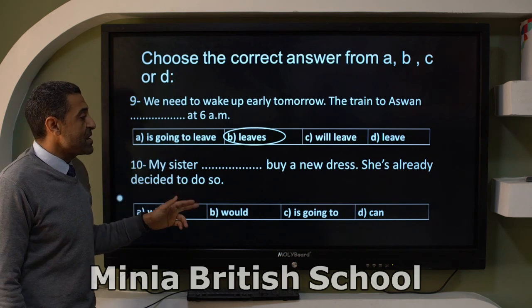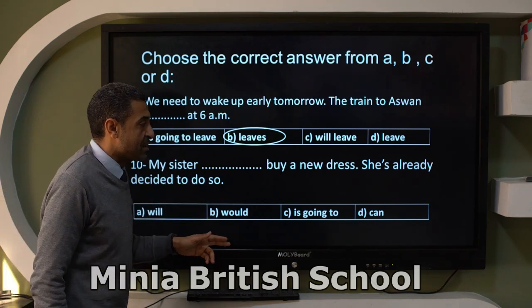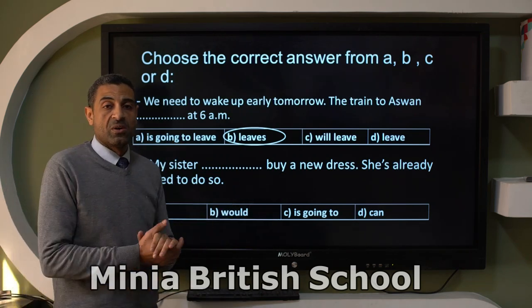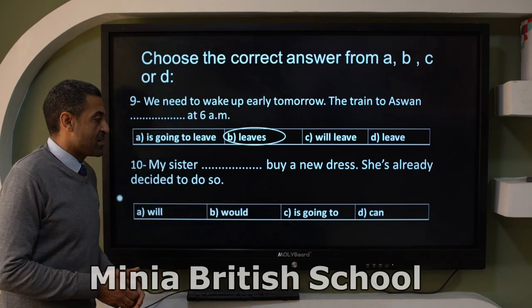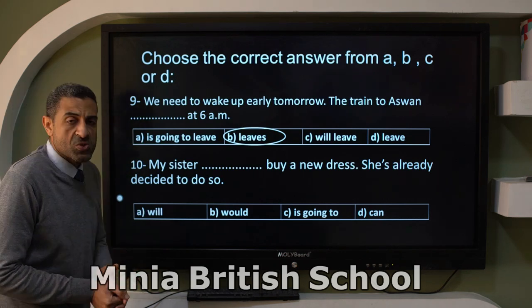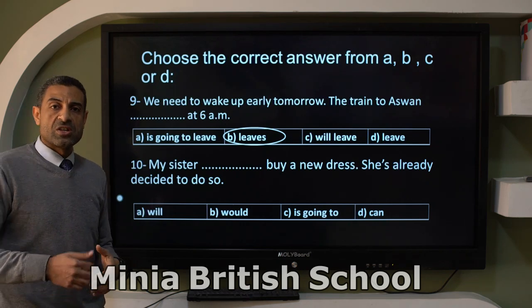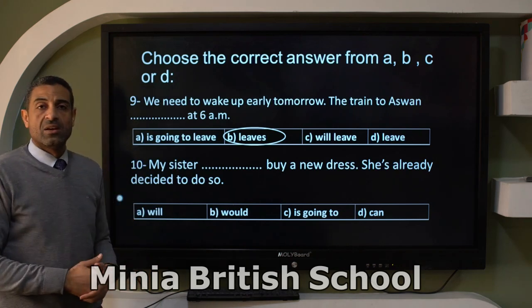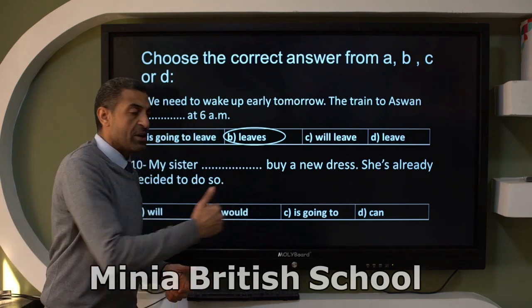My sister ___ a new dress. She's already decided to do so. What does it mean, this? She's already decided to do so. It means that she had a plan to do this, and she planned well to buy a new dress.